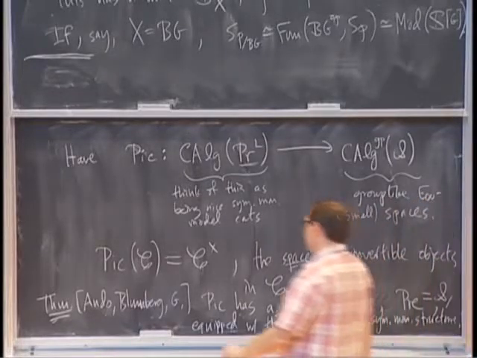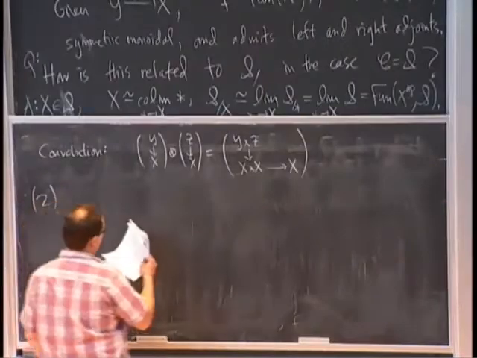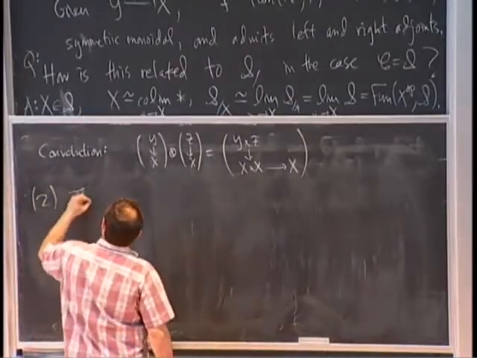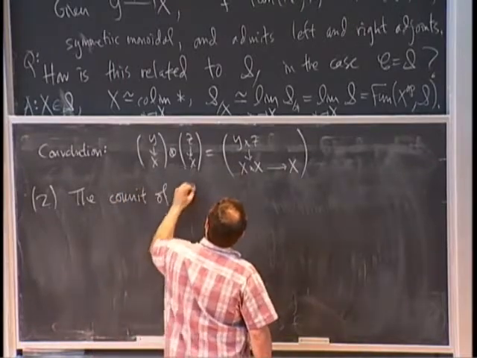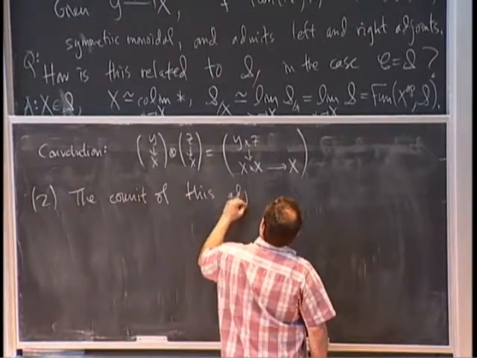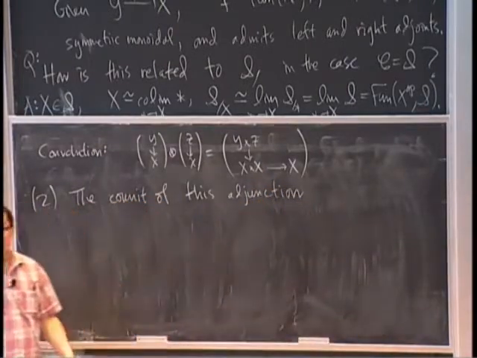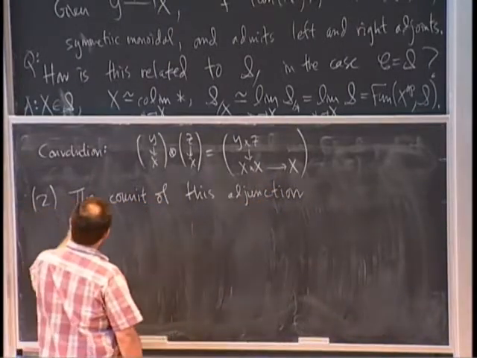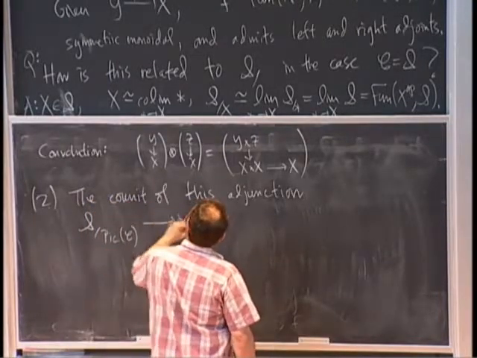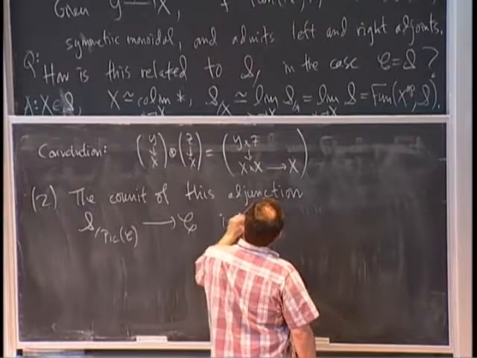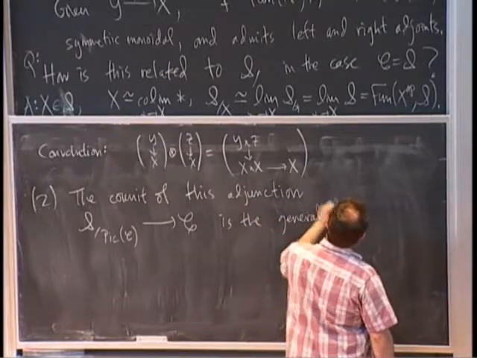This is part one of the theorem. And then part two is that the counit of this adjunction, spaces over Pic of C going into C, is the generalized Thom spectrum functor.